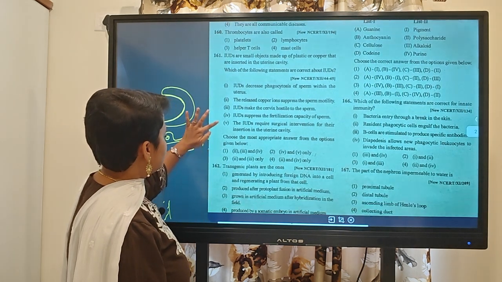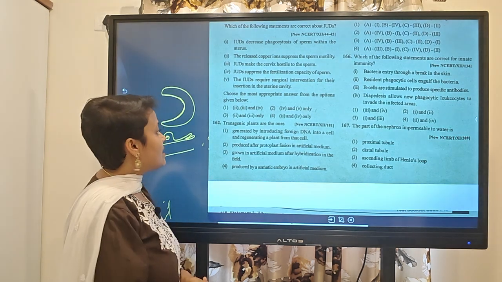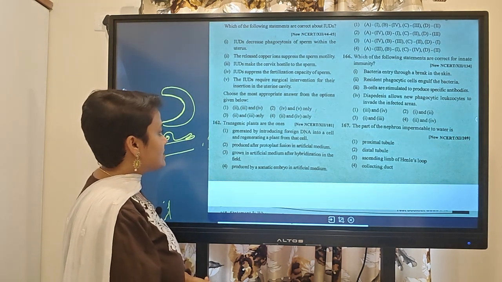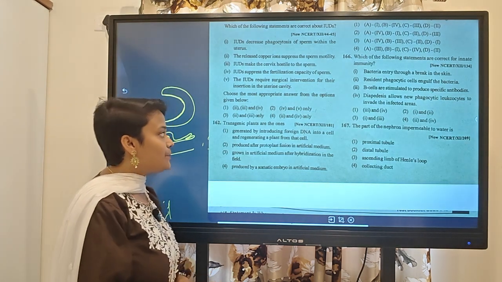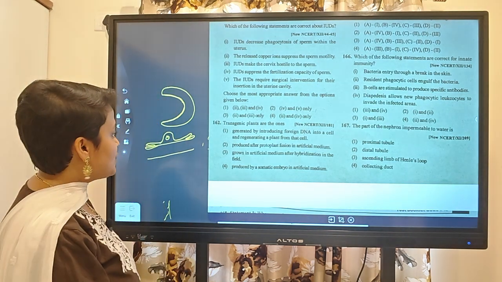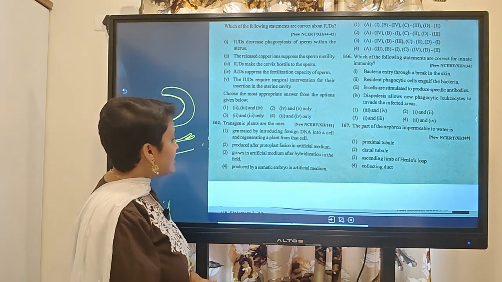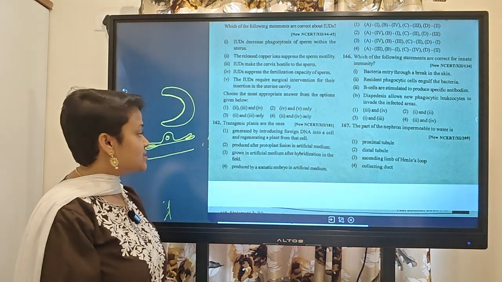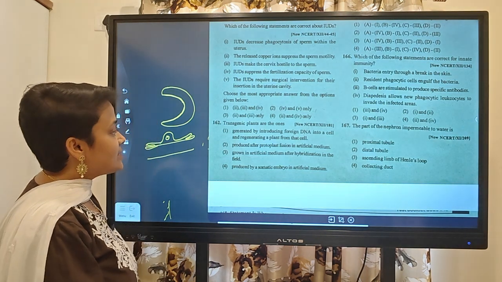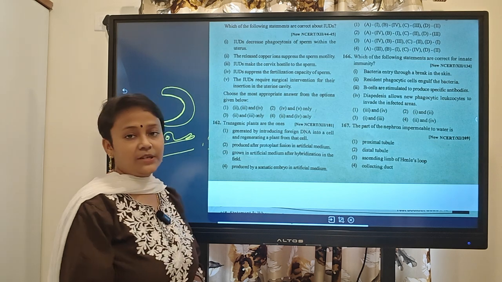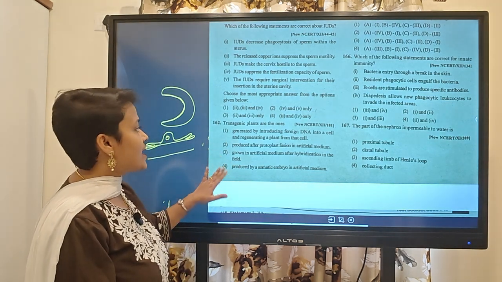Coming to 162. Transgenic plants are the ones generated by introducing foreign DNA into a cell and regenerating a plant from that cell; produced after protoplast fusion in artificial medium; grown in artificial medium after hybridization in the field; produced by somatic embryo in artificial medium. Actually, there are other terms which define 2, 3 and 4.